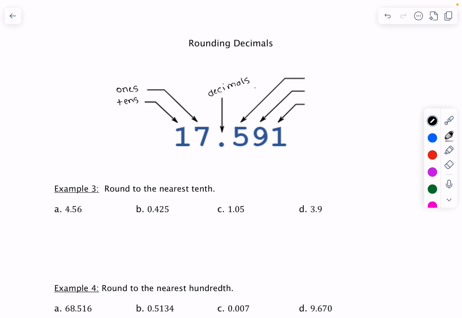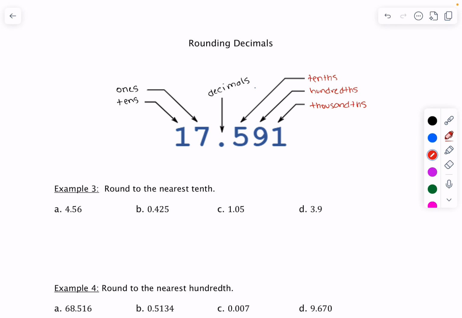Okay. On the other side of the decimal, that place on the right side of the decimal point, we call that the tenths place. After that, we call it the hundredths. And then the third number after the decimal is called the thousandths. We're not going to work past these numbers.